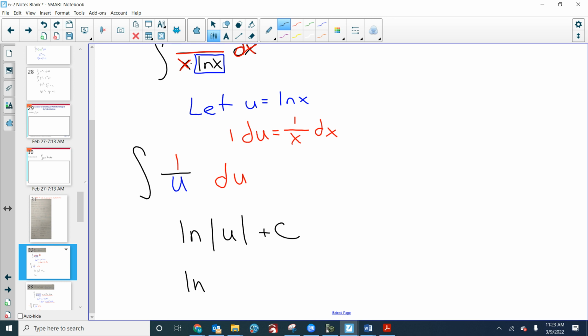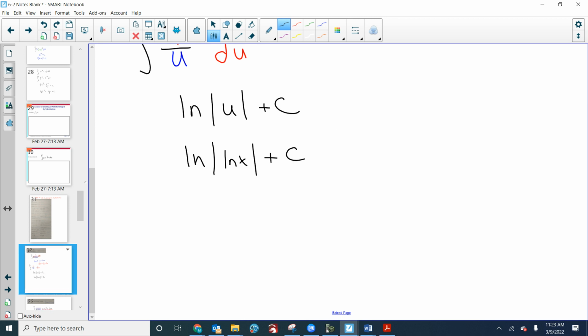So ln of absolute value of ln x plus c. Cole and I had a conversation about how ln of x can never be negative, so the absolute values are not necessary. And so you could write ln of ln x plus c.